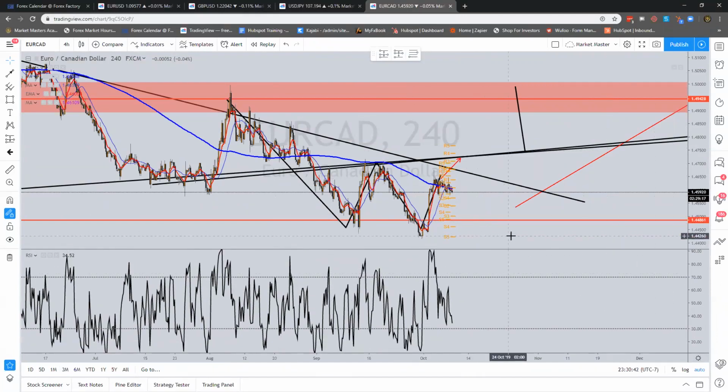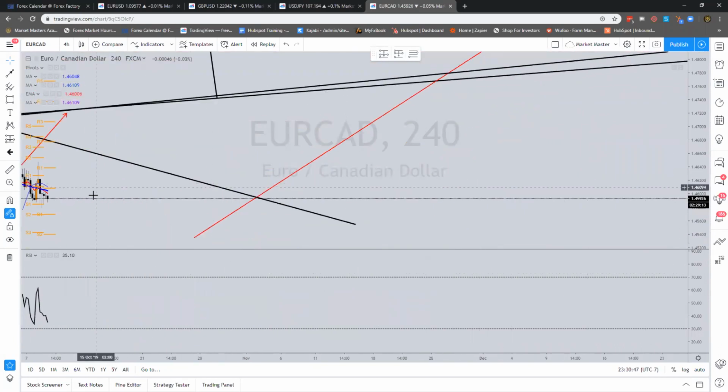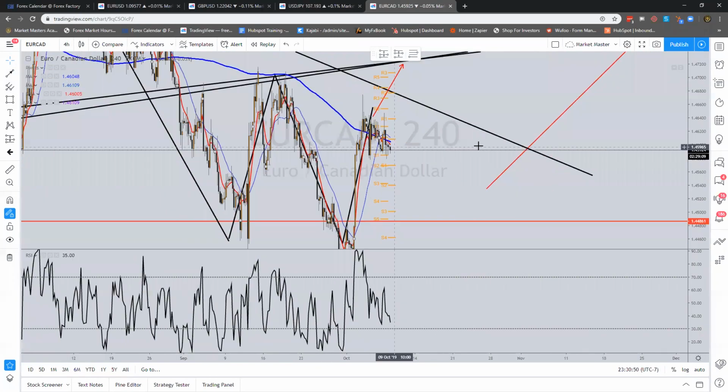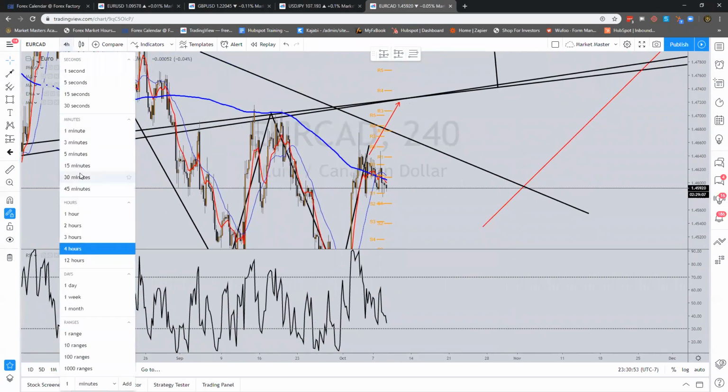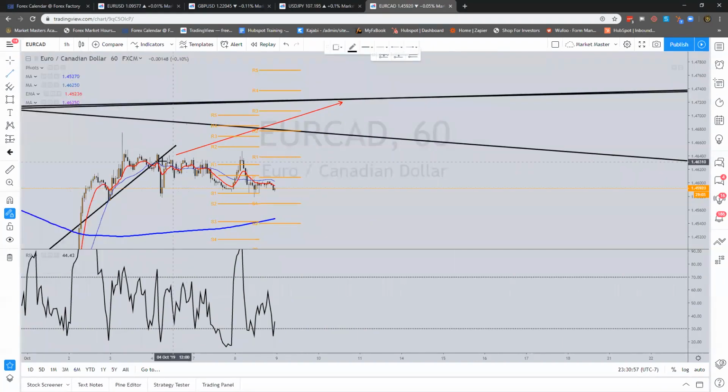So anyways, back to this. Well, I like what I'm seeing here. I'm going to go onto a smaller time frame and chop the price. So pretty much what I'm seeing here is resistance like that, support like this.